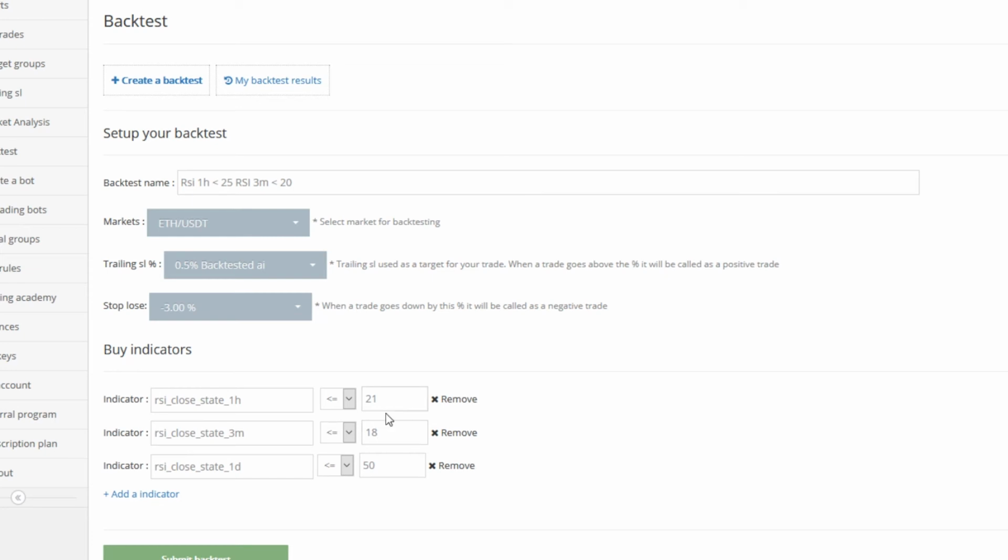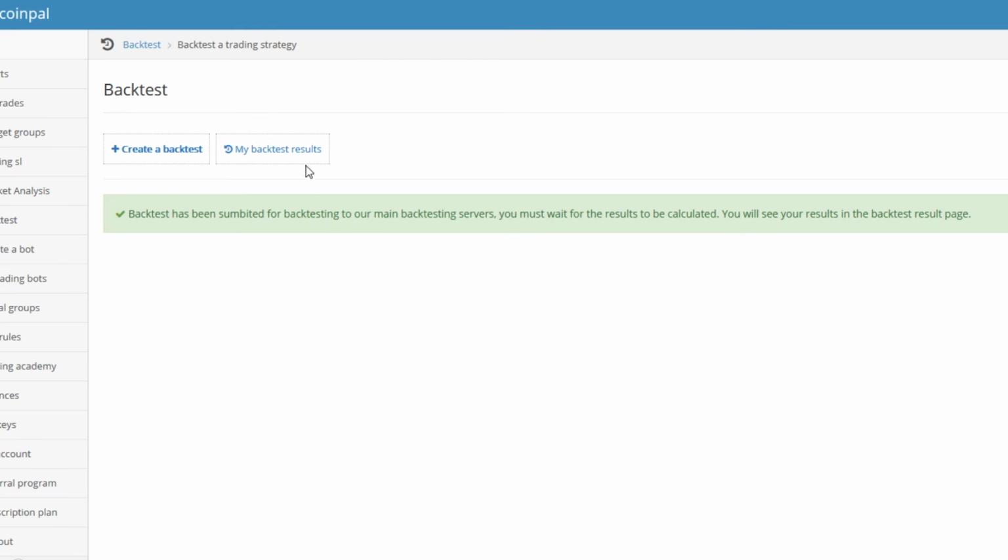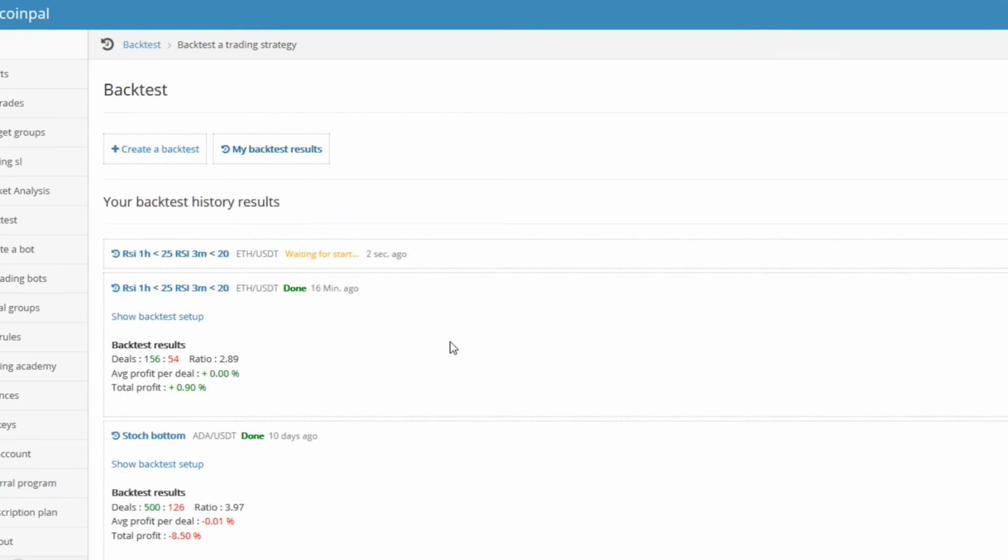However, with each indicator we add, we will lose trade count. But overall, we could end up with a better and better strategy, and then we can use it on all markets, or maybe most of the markets, like Litecoin, Bitcoin, Ethereum, Ripple, and etc. So now let's wait until the backtest is completed, and then we will see how the results are getting when we reduce the RSI bottoms lower and lower.